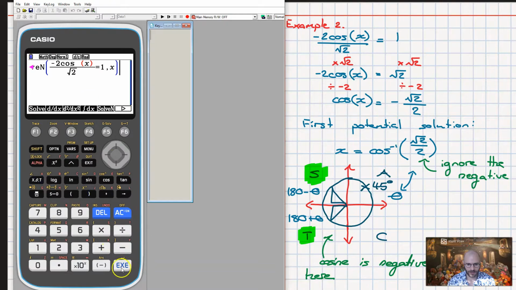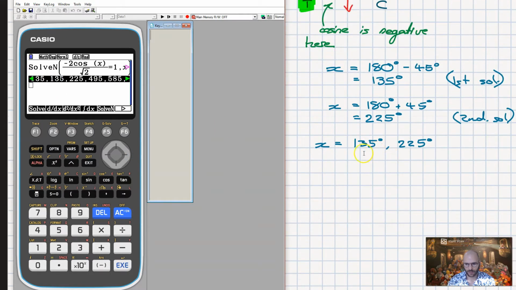I close it all up and I hit execute. The calculator will give me a warning saying that there are more solutions. Then I tell it exit, and it's going to give me all of this mumbo jumbo. But not to worry, what we're going to do is we're going to swing across, and the solutions that we're interested in are 135 and 225.